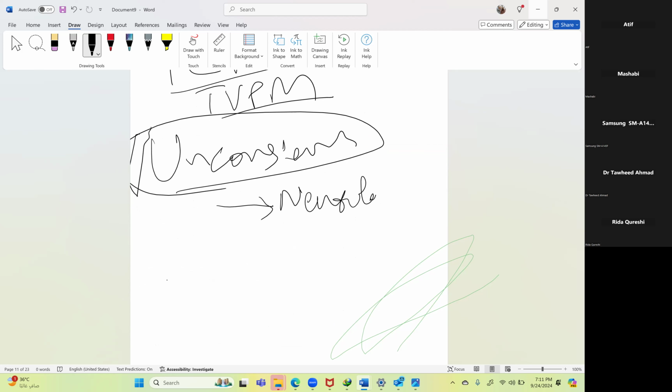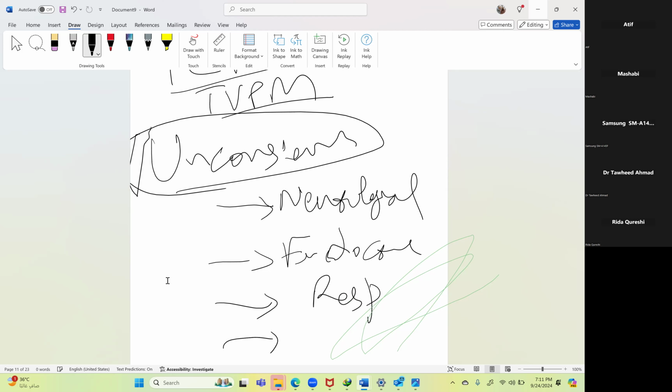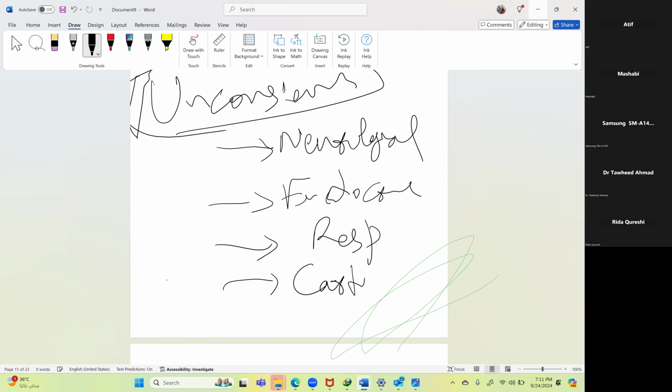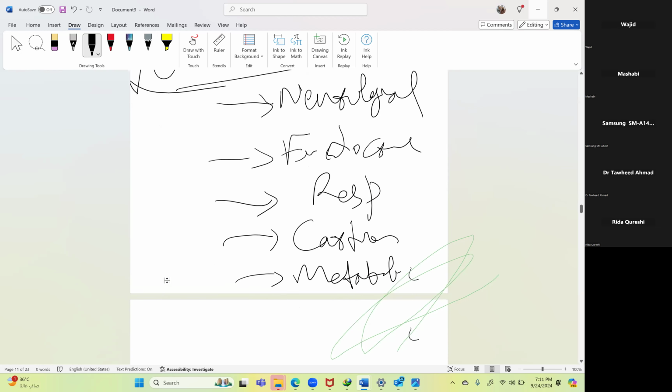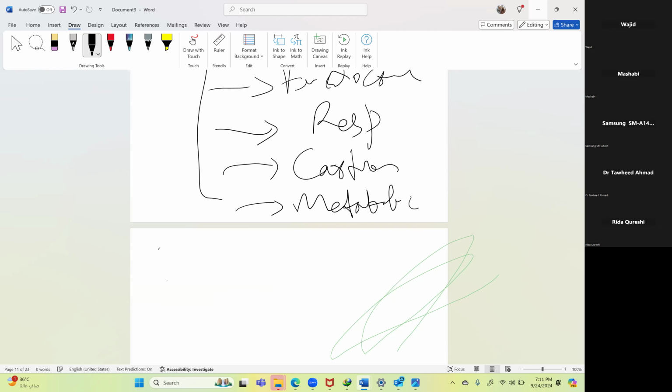Neurological, endocrine, cardiac, respiratory, cardiothoracic, metabolic. Like neurological, what can occur? TIA or CVA, stroke.